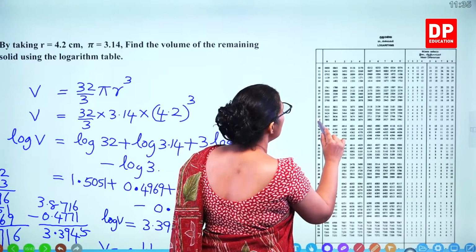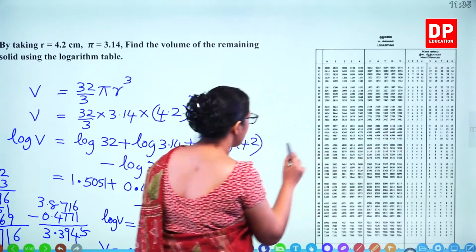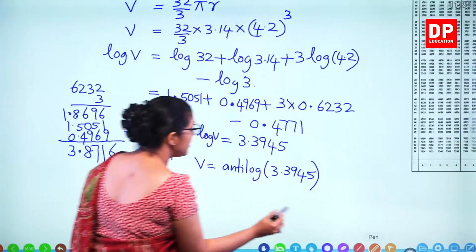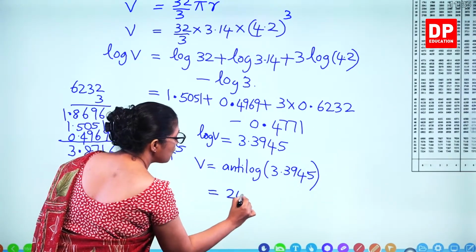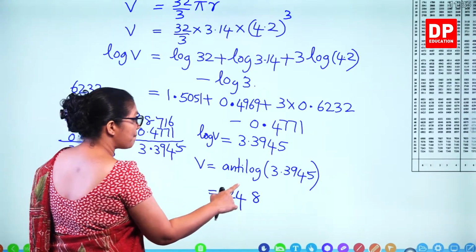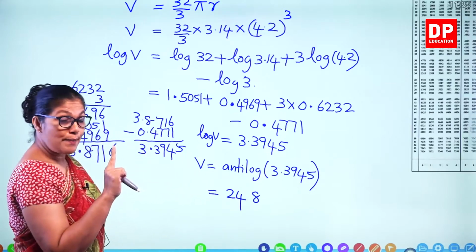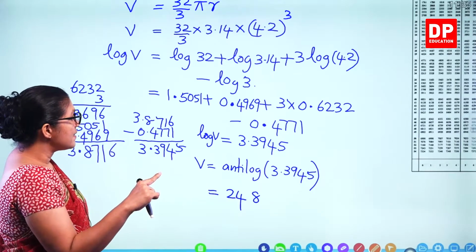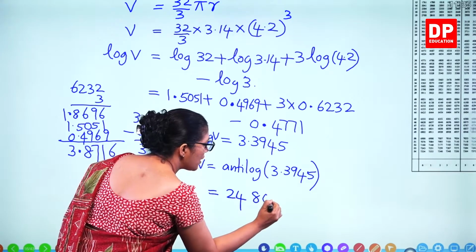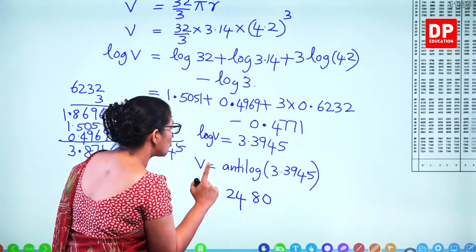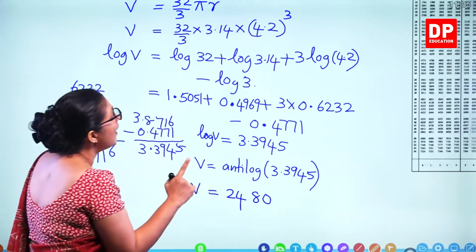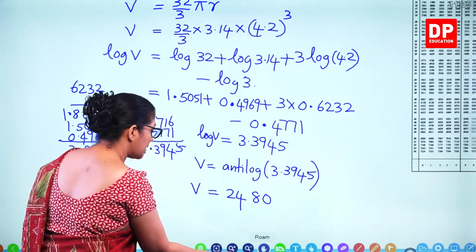Here. 24, 8. 24, 8 is the value. And 3 is there. 3 means you have to move the place 3 places to the right from here. 1, 2, 3. So answer is 2480. And what's the unit?